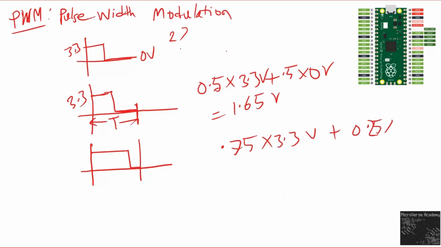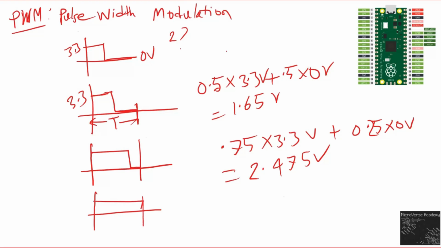Let me calculate this: 0.75 times 3.3 is 2.475 volt. And if we turn it on 100% of the time, then it is 1 times 3.3 plus 0 times 0, because for 0% of the time it is turned off at 0 volts, so it will be 3.3 volt.